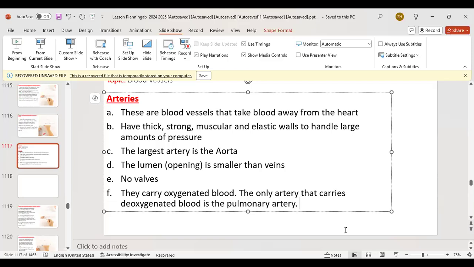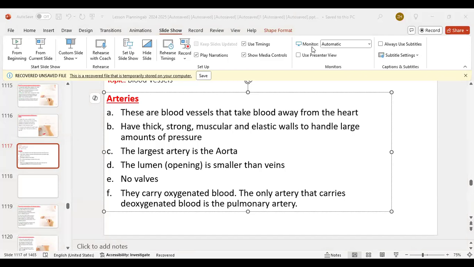Okay. So class, how would we describe the arteries? No valves. Very good. What else? They carry the blood away from the heart. Good. What else?